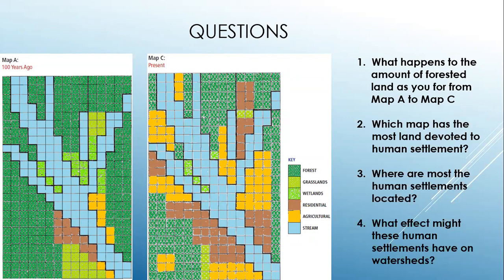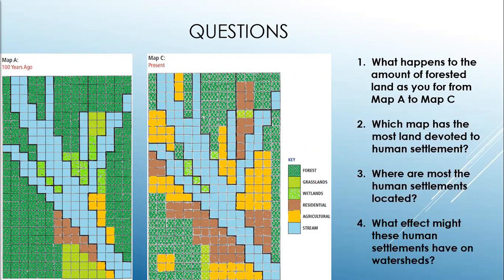Question 2, which map has the most land devoted to human settlement? The answer to that is also map C. You can see on the grids over on the right-hand side how the brown area that we designated for residential has increased significantly from map A. In map A, it was pretty much in the bottom left area, and now it's on the bottom left, the bottom right, and the top side of the map.